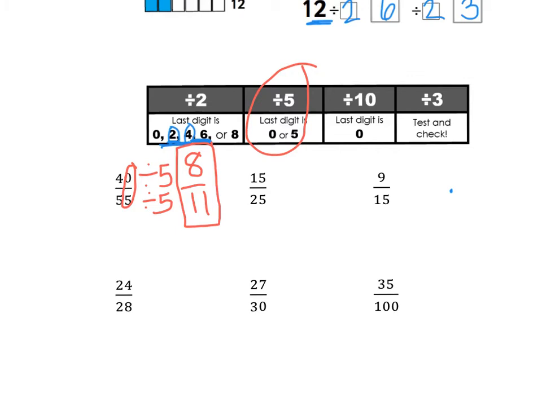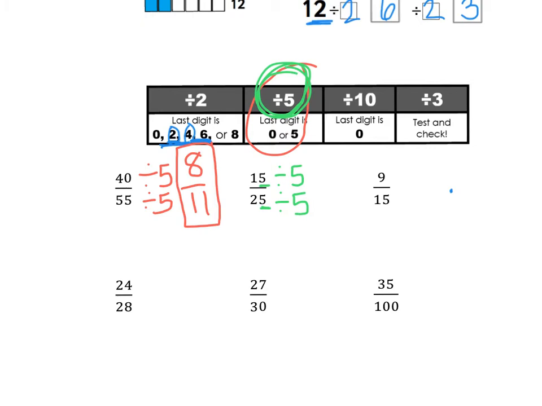Okay, now let's look at the next one here. We have 15 over 25. I'm going to check out my ending numbers. They are both 5. Numbers that end in 5 are definitely divisible by 5. So I know I can take both these numbers and divide by 5. And remember, whatever we do to the top, we must also do to the bottom.